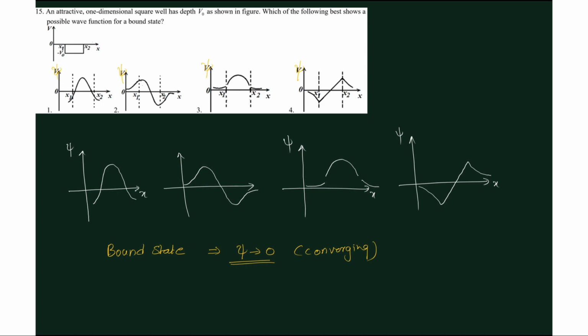But unfortunately this one is discontinuous, that's why it is not valid. And here we have sharp, sudden changes, so the first derivative dou psi by dou x is discontinuous. That's why this is also not valid. And this is not a bound system, it's not tending to 0, it's not converging, so this is also wrong. So the answer is the second one.